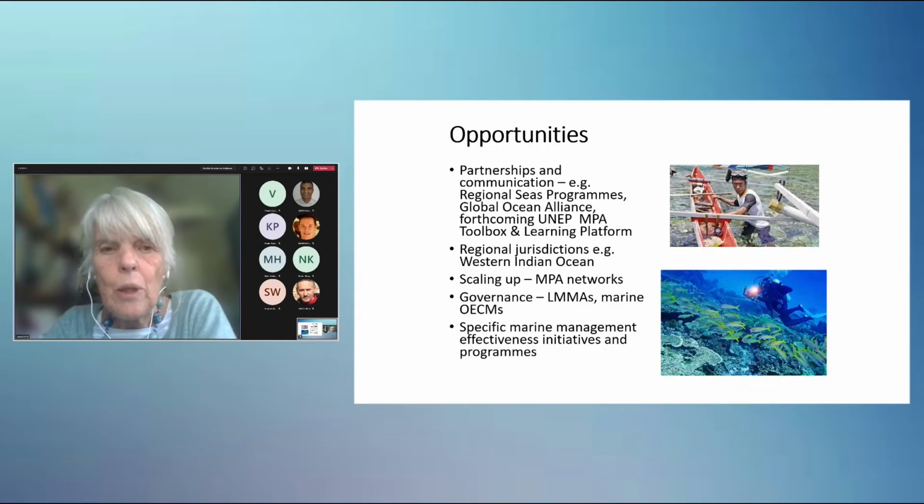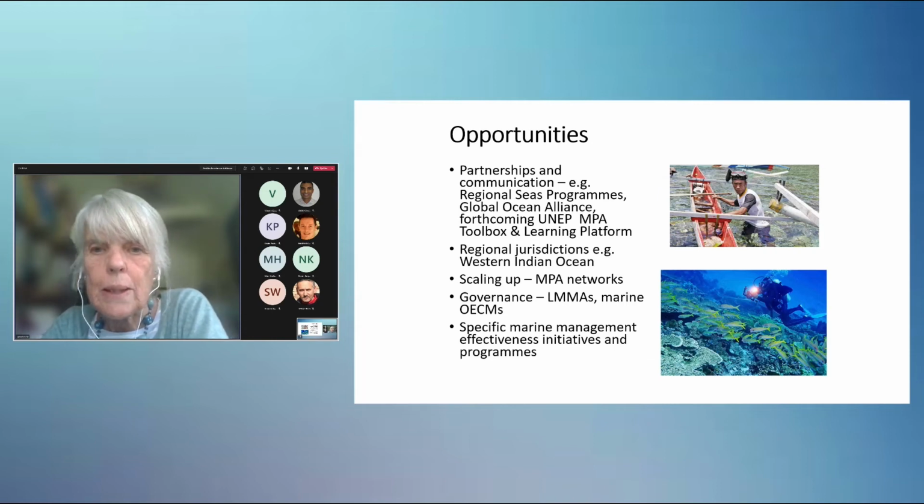So I just quickly want to run through some of the opportunities that we've been discussing. One of the key things is this issue of there being other partnerships and other means of communication with practitioners through the MPA networks. Things like the UN Regional Seas programs and the various regional conventions, the Global Ocean Alliance, which parallels the High Ambition Coalition.